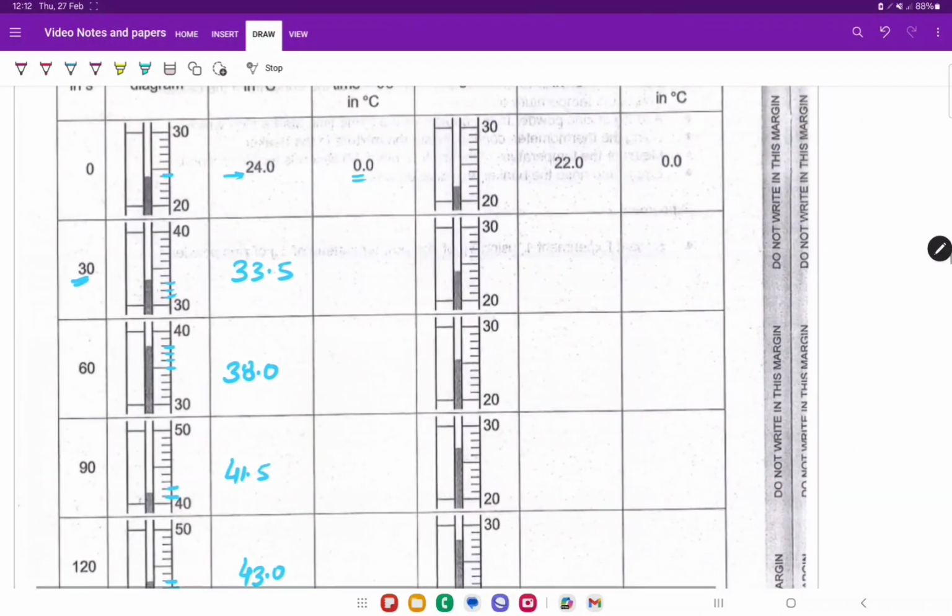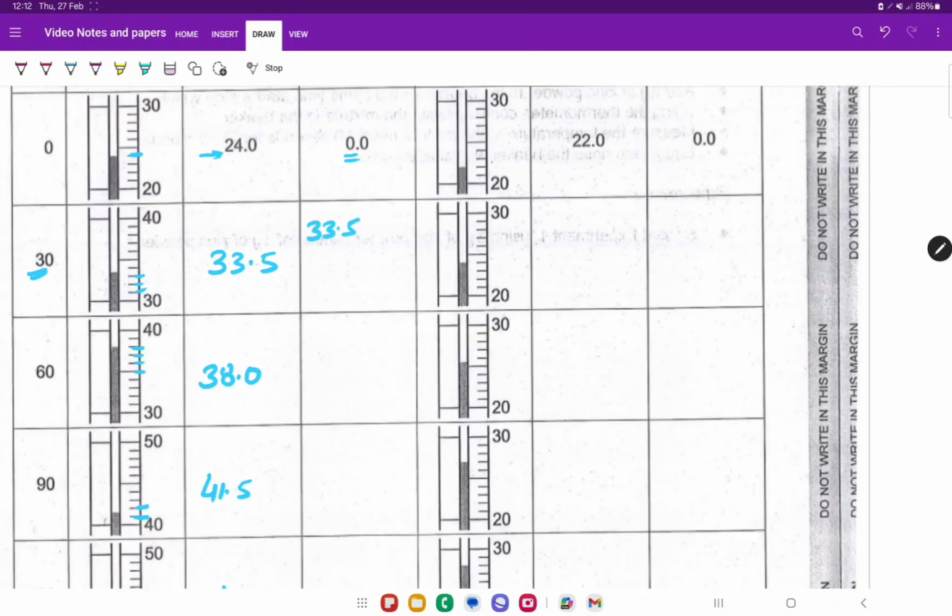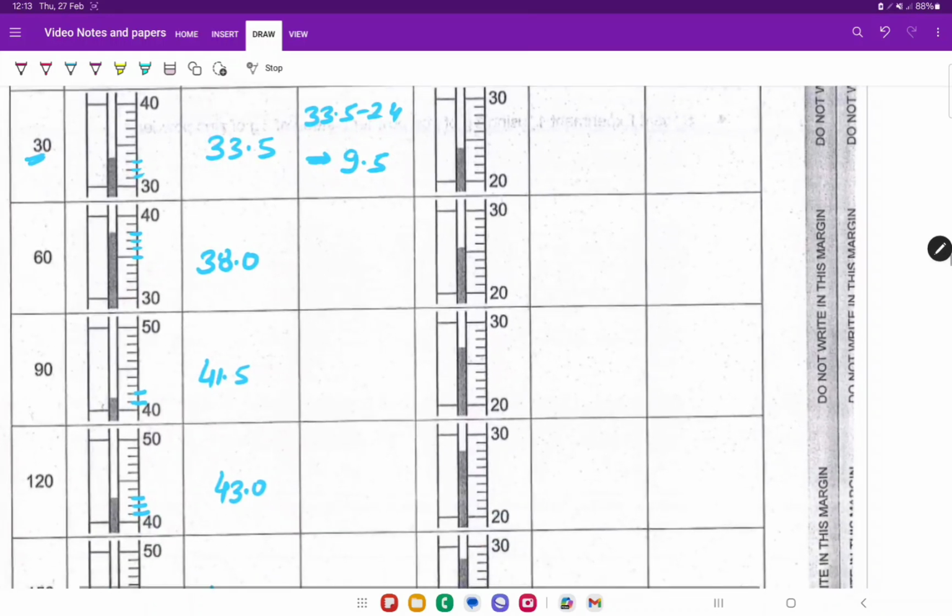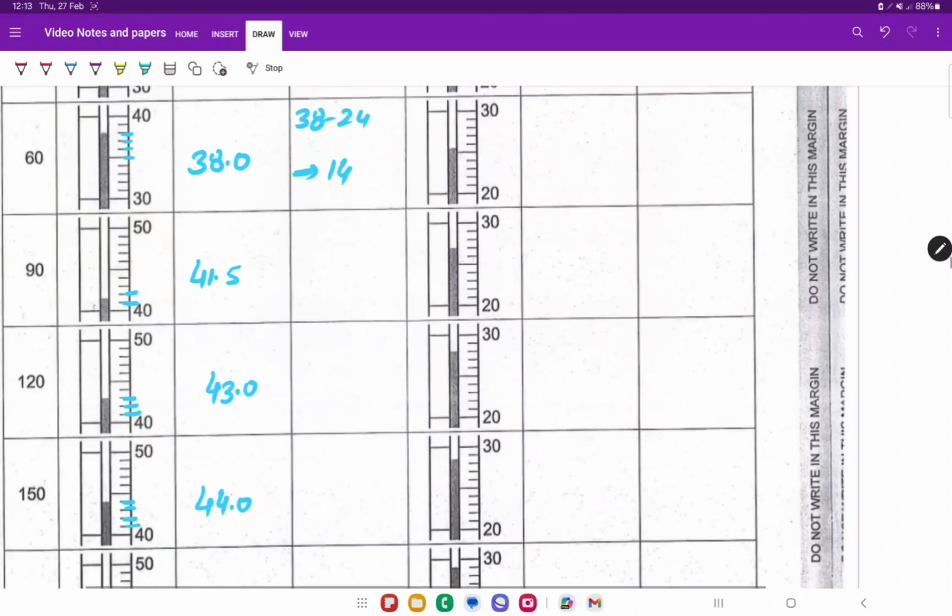Now I want the difference of temperatures from the starting temperature. 33.5 minus 24 gives 9.5. Next, 38 minus 24 is 14. Next, 41.5 minus 24 is 17.5.